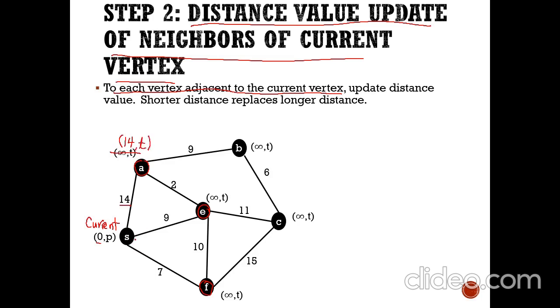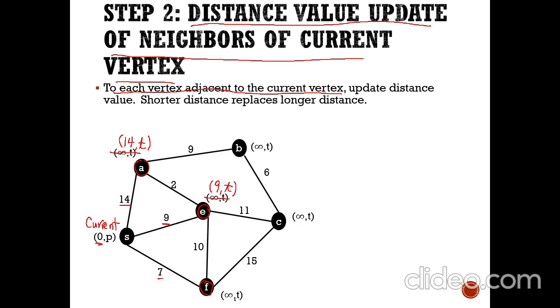Okay, meanwhile, for S to E, we have 0 plus 9, you get 9. Now 9 is less than infinity, so we replace this by 9 temporary. And then finally, you have S going to F, so 0 plus 7, you get 7.